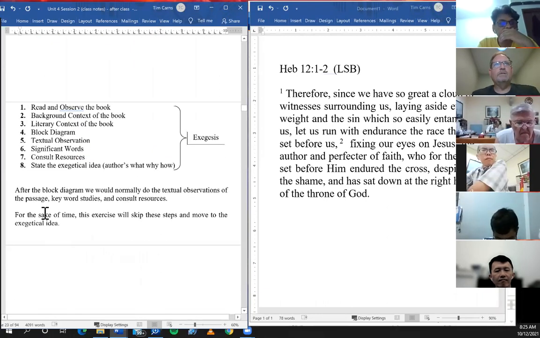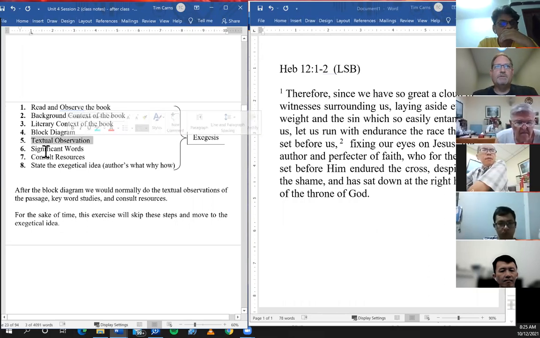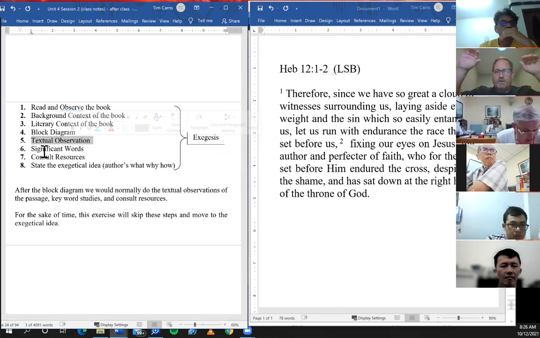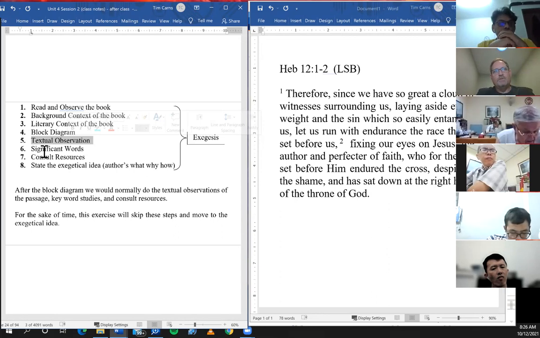Normally the next step would be textual observations, where we would look at this passage. Remember, identify the verbs and describe the verbs, describe the pronouns, look for purpose or result statements, look for lists, rhetorical questions.